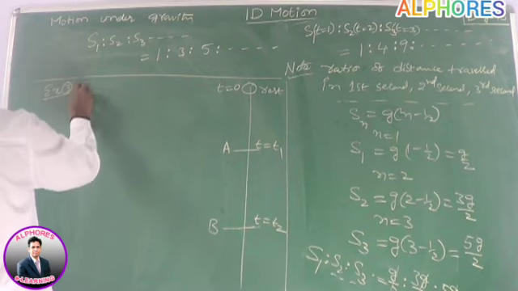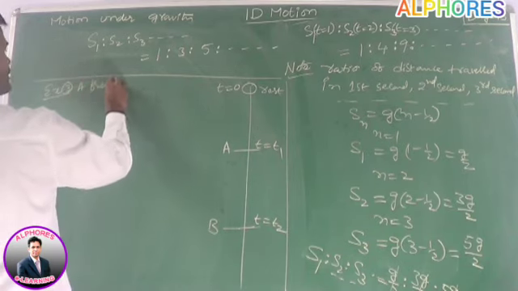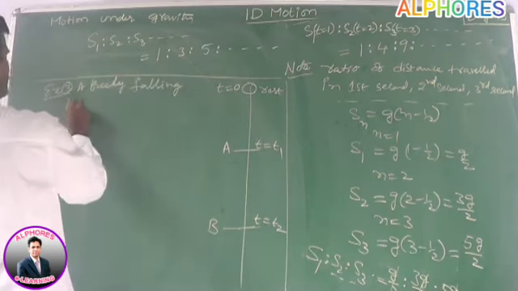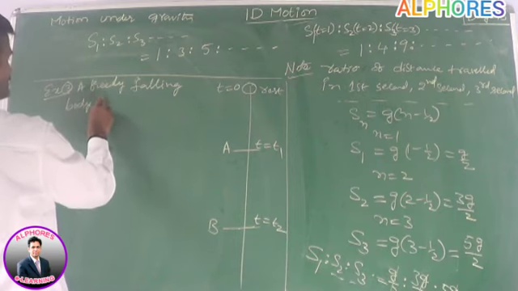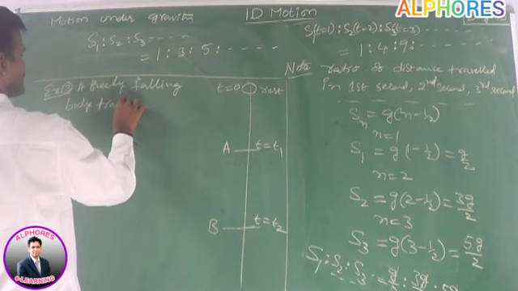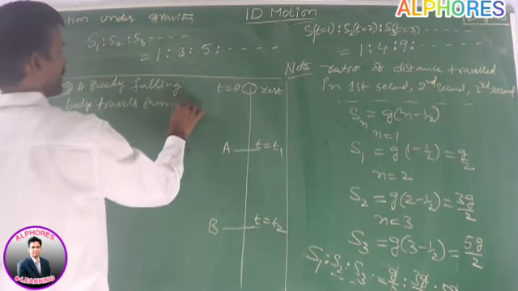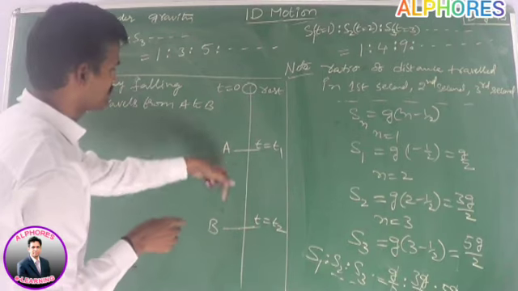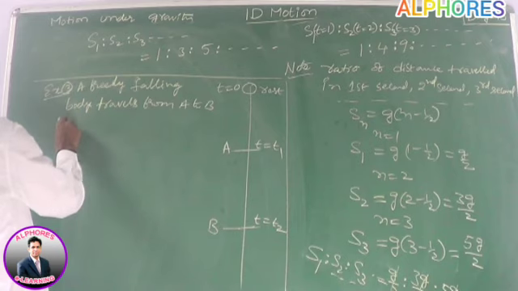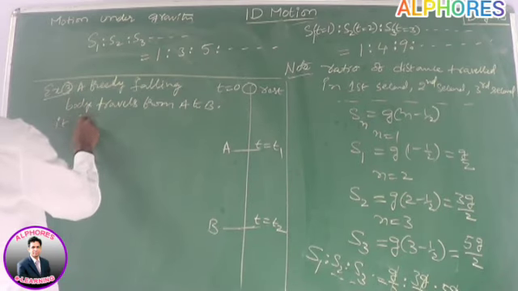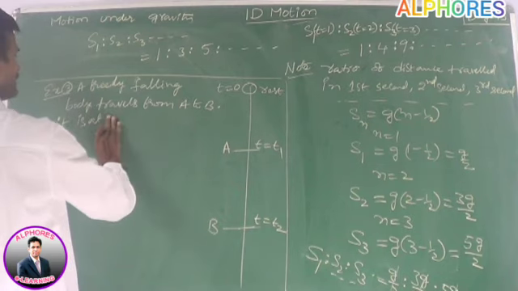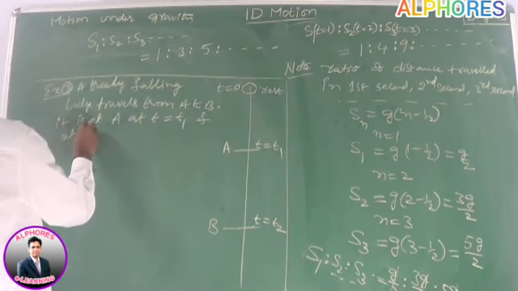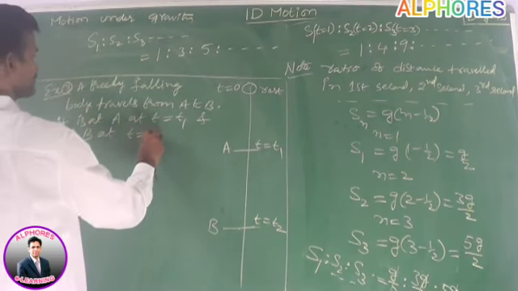A freely falling body travels from A to B. It is at A at t equal to t1 and at B at t equal to t2.